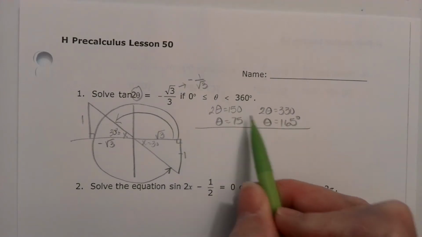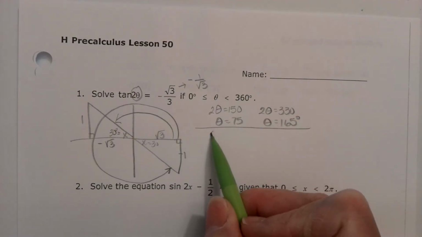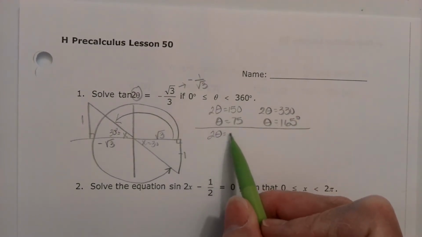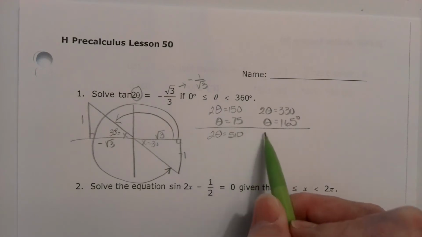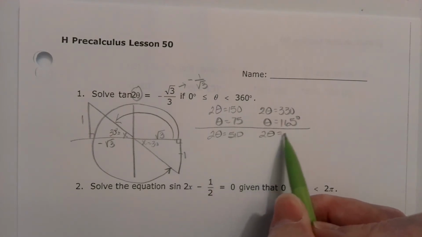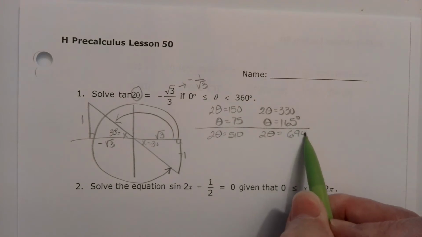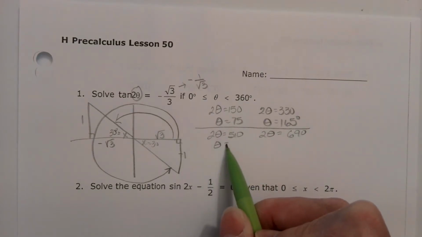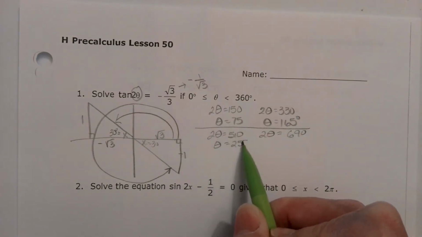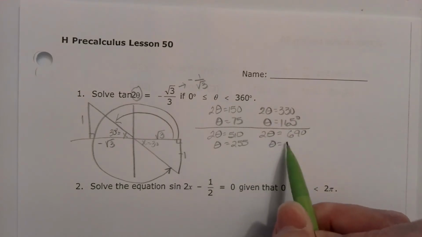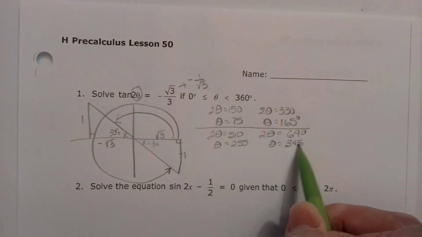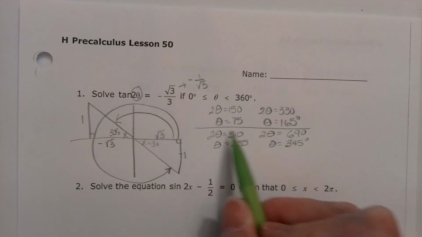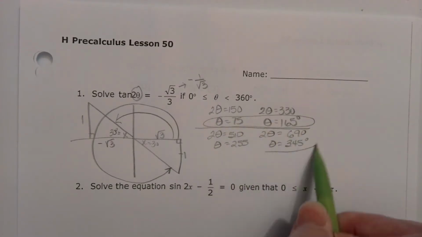So what you have to do is you have to add 360 to each of those. Then divide by 2 to get your answers. Now this one's getting really close to 360, so that's going to be the end of them.